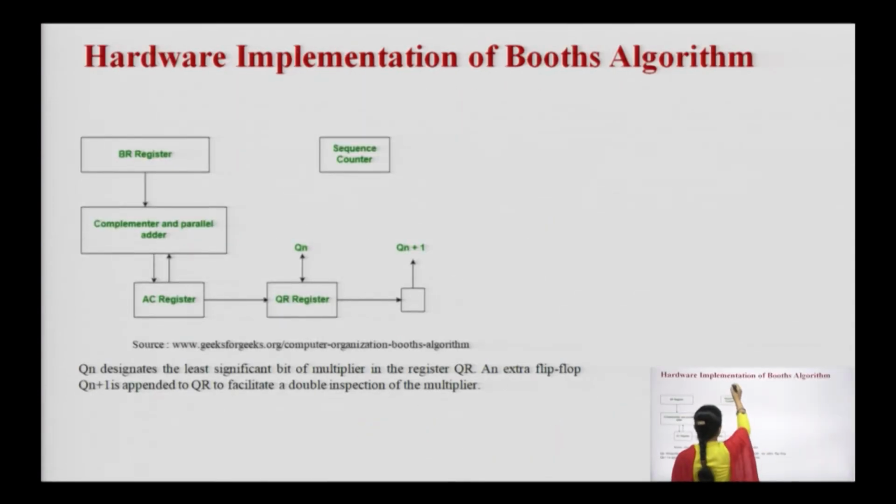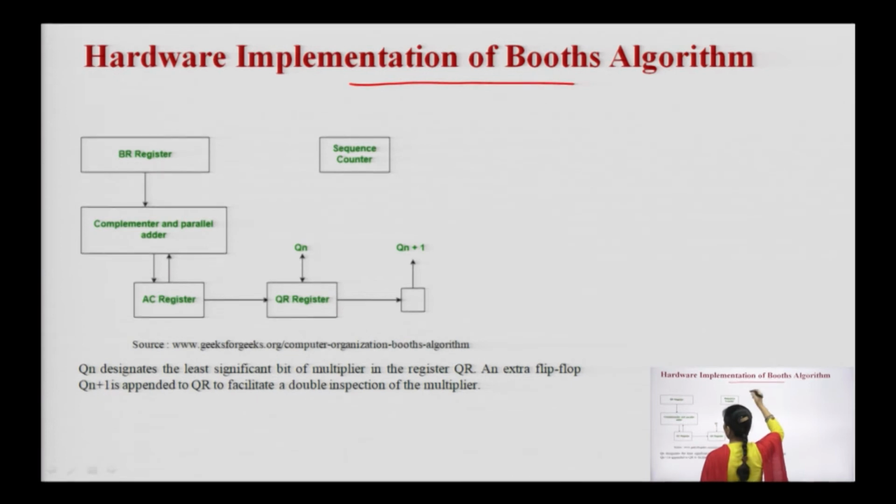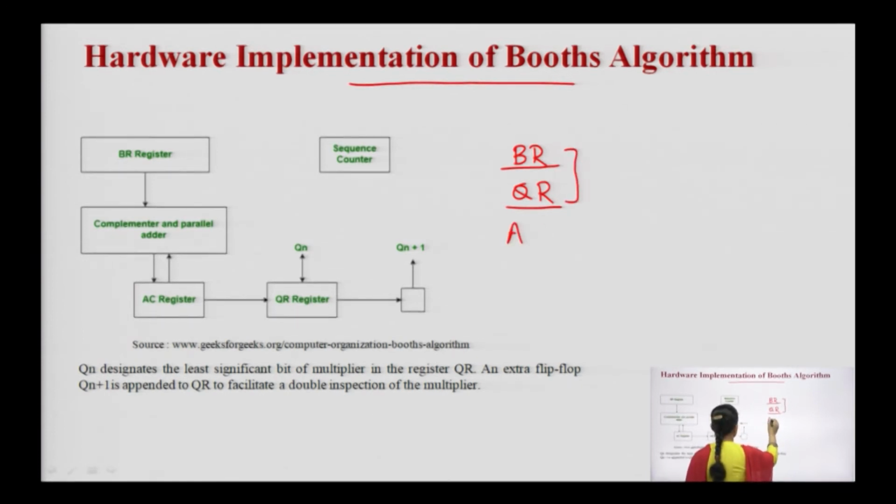The hardware implementation of the algorithm is, we are taking two registers, one is my BR register and another is my QR register. I do not require any flip flop for storing my sign bits. These two are multiplied and my result is in AC and QR.